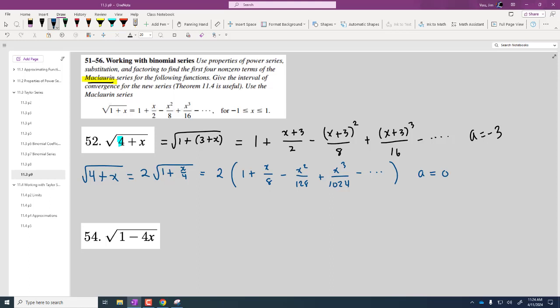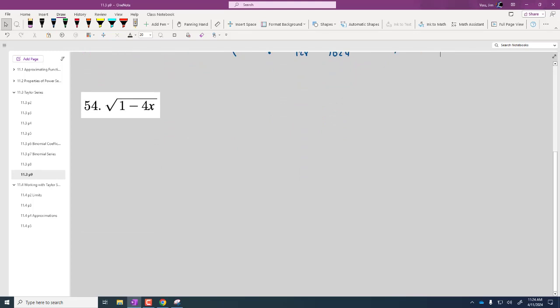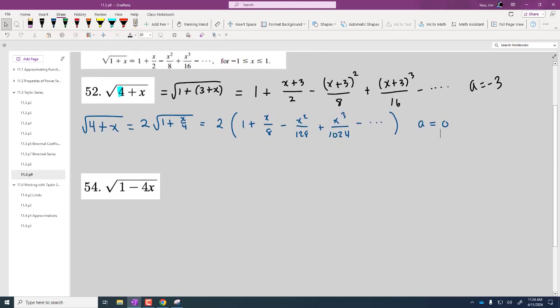All right, one more here, then we get to our last section. Okay, so this is, again, based on that series that we already found. This one is easy to put into a Maclaurin series form because we're just going to replace x with -4x. That's going to give us 2x right there.